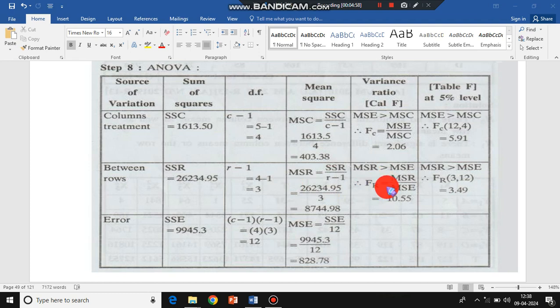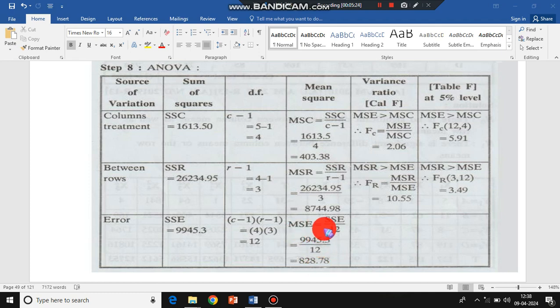In a similar way we have to calculate the F value for row. For that, you have to compare these two: MSR, 8744.98, and MSE, 828.78.